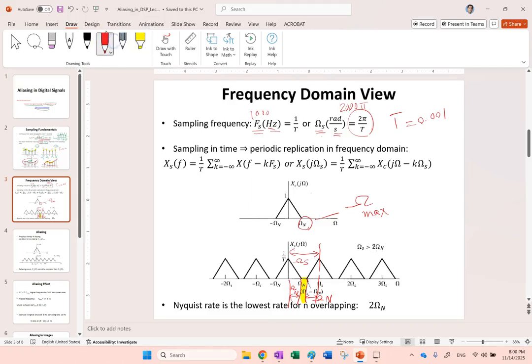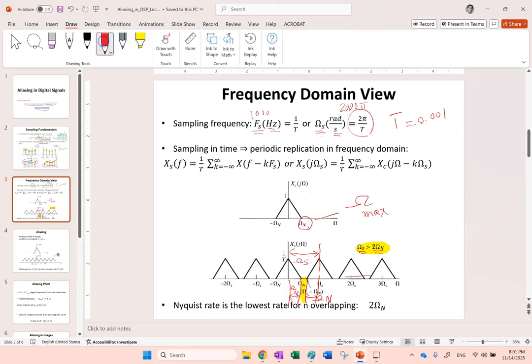In other words, omega s in this case is bigger than 2 omega n because there is some gap between them. Okay, and you get this plot. Well, no problem. This is my frequency plot of the sampled signal, as long as my sampling frequency is bigger than 2 times the maximum frequency in the original signal.